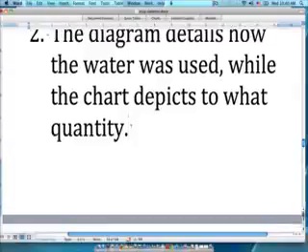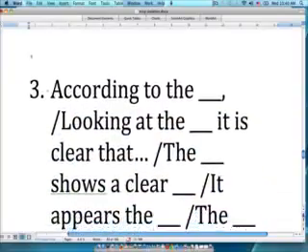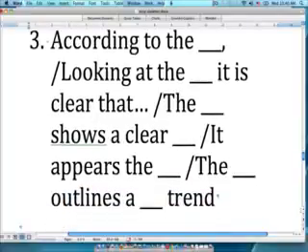So, how do we start this paragraph to talk about the diagram? Well, when you're given two sources, there are a number of ways that you can start this paragraph. So we could start with according to the graph, according to the diagram, according to the pie chart, comma, and then you could state the broad trend that you see in this data.